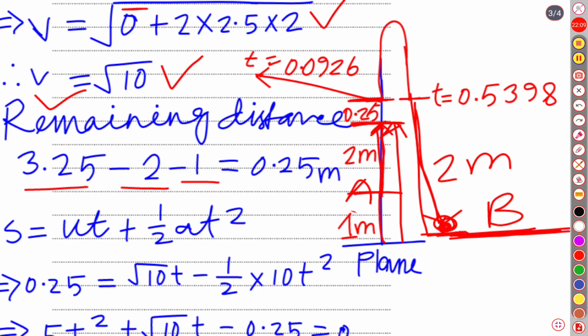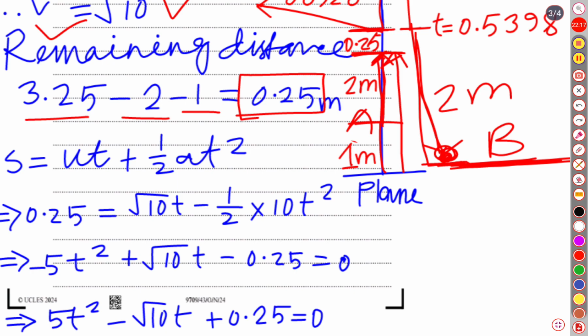So ultimately we will have to find this distance, 0.25. Now for 0.25 we know the acceleration, we know the initial velocity, and the displacement is also known, 0.25.